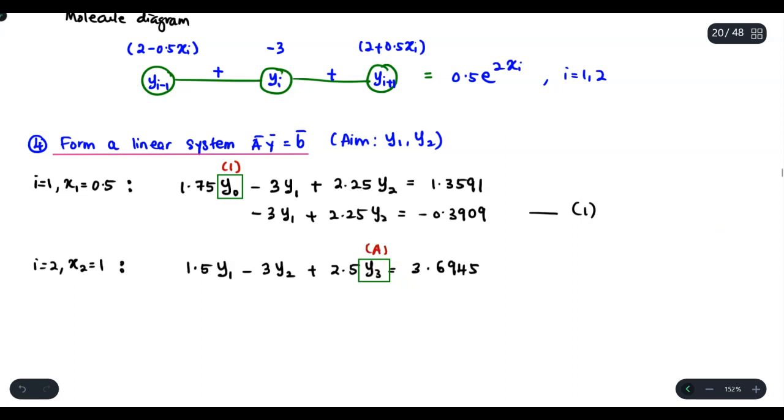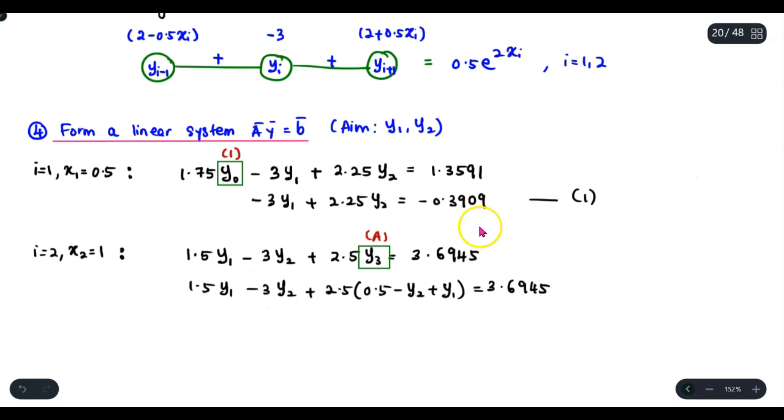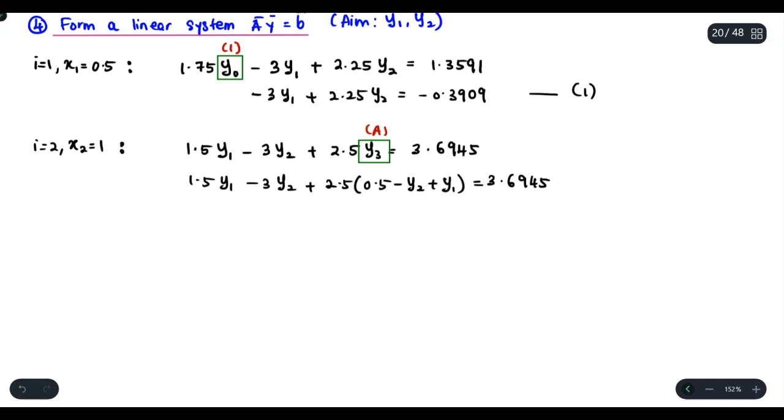So I put here a. So it means here you are going to have 1.5 y1 minus 3 y2 plus 2.5 times a, where the expression of a just now is 0.5 minus y2 plus y1. At the right hand side you have 3.6945, and then you can simplify further, because now you can see you have y2 here, this is another y2, and you have y1, which can be simplified with that y1.